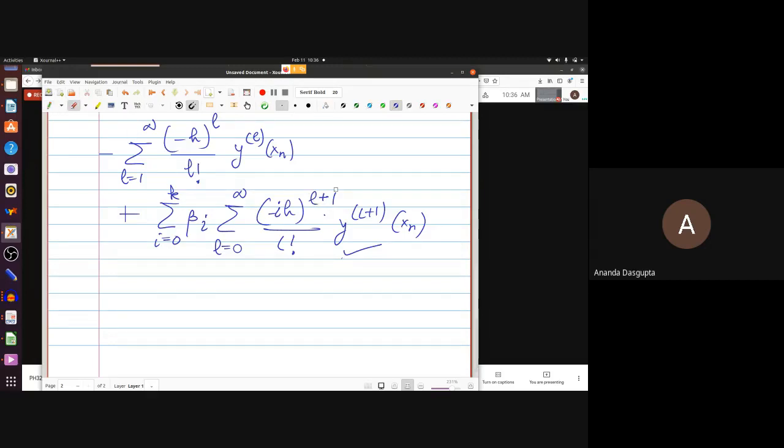So what happens? This L plus 1 becomes L. This L plus 1 becomes L. This L becomes L minus 1. Any other changes? Any other changes apart from all this?